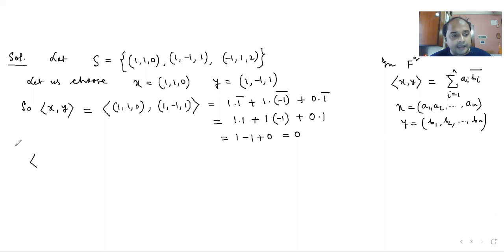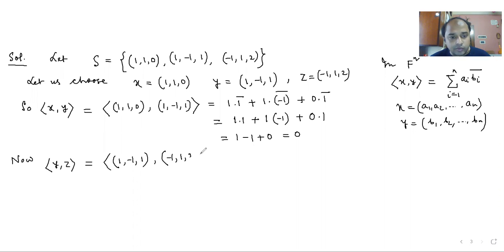Second, let us select z equal to (-1, 1, 2). Let y equal to this and let z be (-1, 1, 2). Now if I take the inner product of y, z, what do I get? Take (1, -1, 1) and z is (-1, 1, 2).